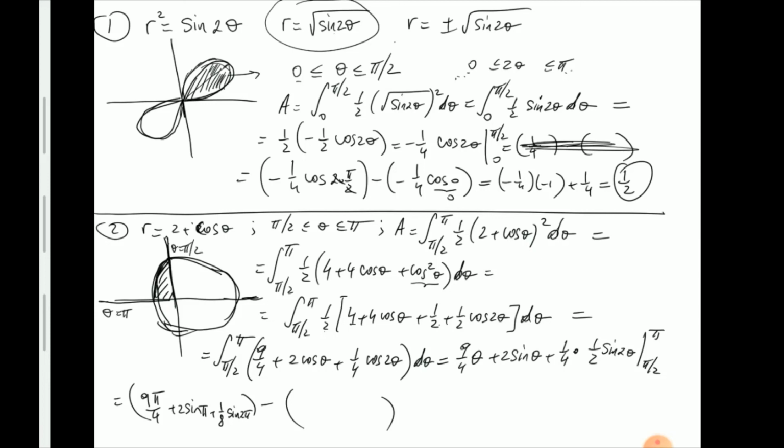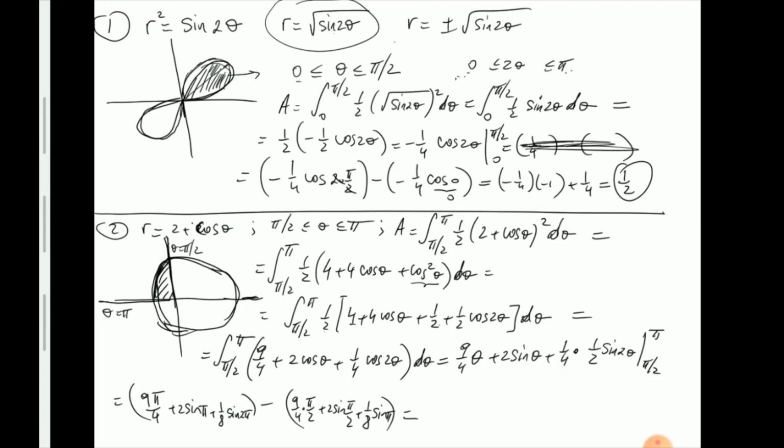And then here 9/4 times pi/2 plus 2 sine of pi/2, and then plus 1/8 sine of 2 theta, which makes it sine of pi.